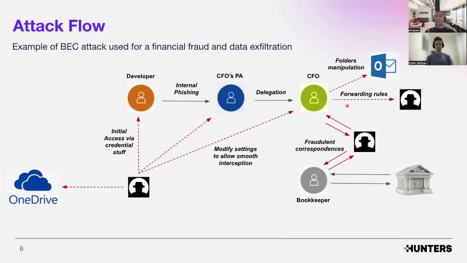Then it gives the attacker an opportunity to examine the email and see if it reveals the fraud. If it doesn't, he will move it to the inbox of the CFO. If it reveals the fraud, he won't move it and keeps it with the fraudulent correspondence.